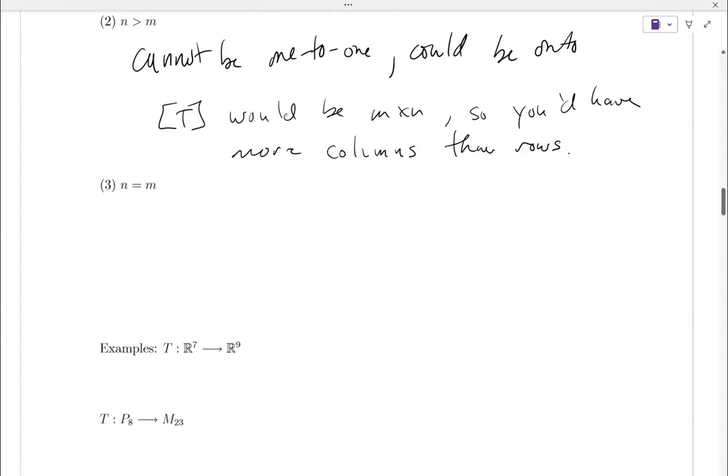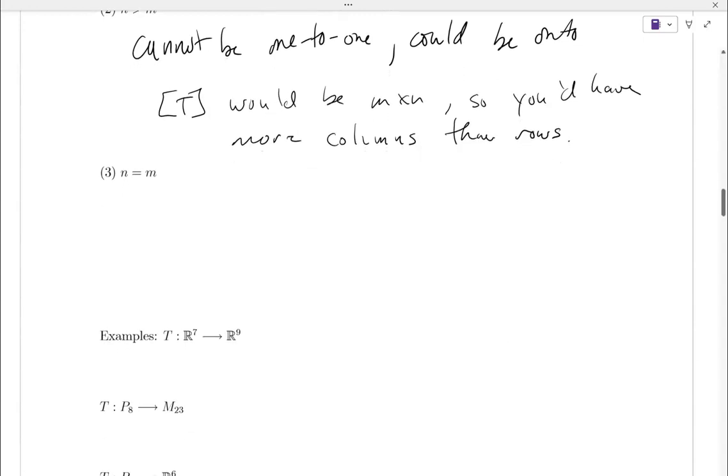Right? How about if they're equal to each other? If it's one, then it's the other. It's exactly right. It could be 1-to-1, it could be onto, but if it is one, then it has to be the other, right?